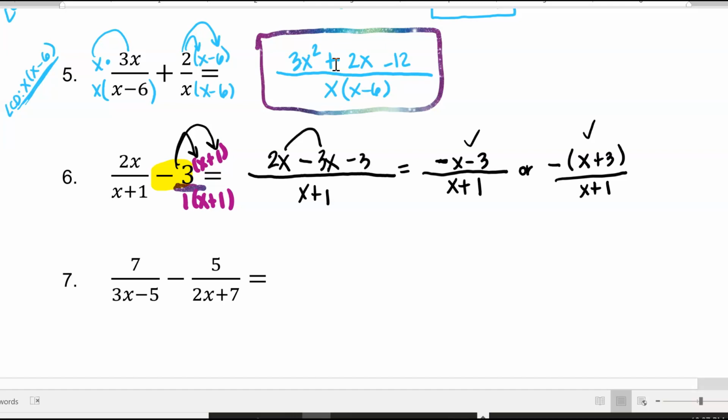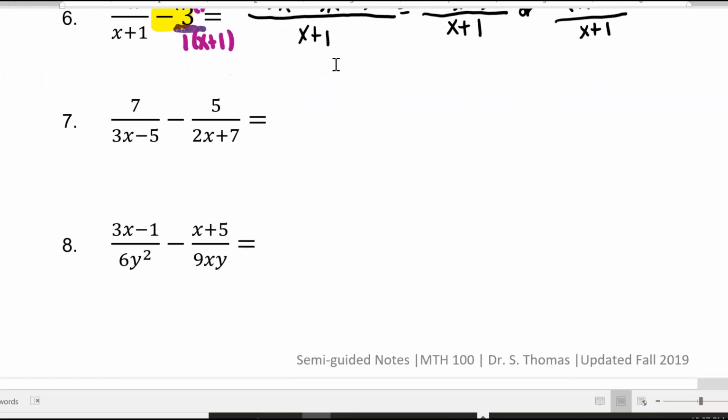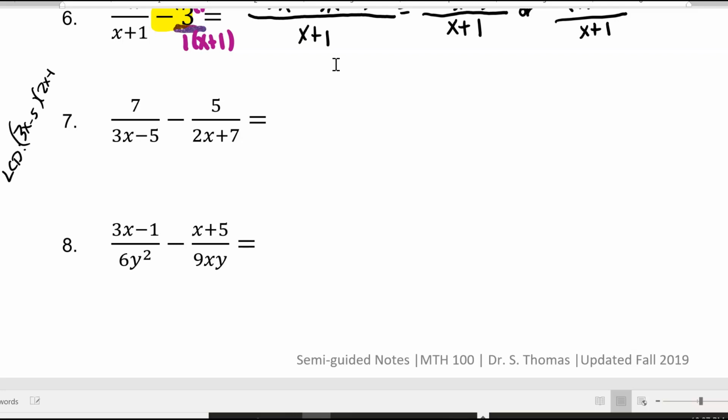All right, moving on to number 7. In this case, there's no way we can get 3x minus 5 to look like 2x plus 7, or vice versa. So we put them both together to formulate our LCD, which is 3x minus 5 times 2x plus 7.